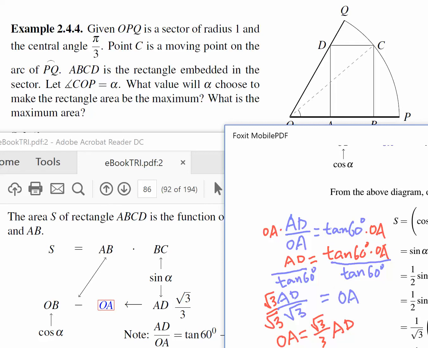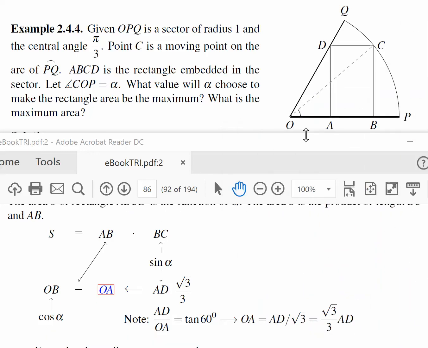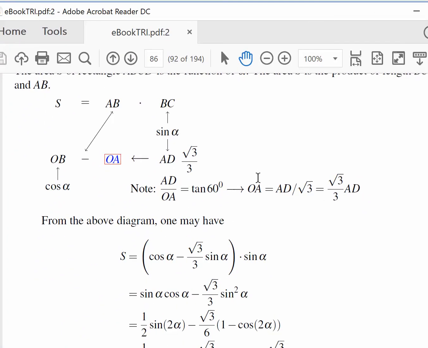Okay, now let me move this away. So then basically the area S will be cosine alpha, which is OB, minus radical 3 over 3 sine alpha, which is OA.